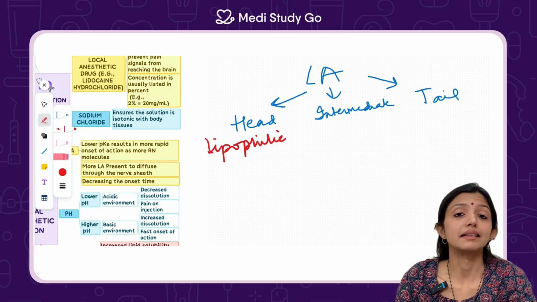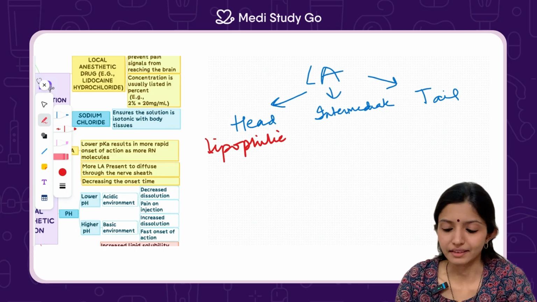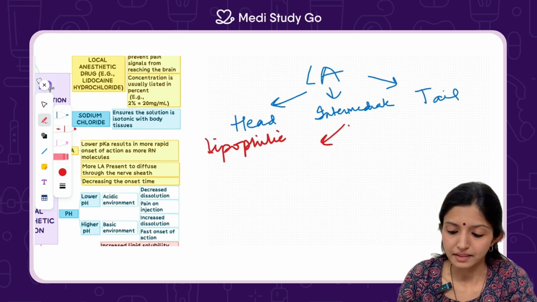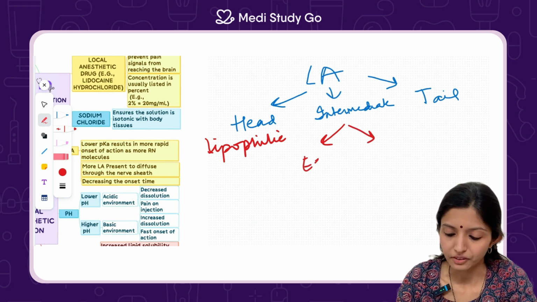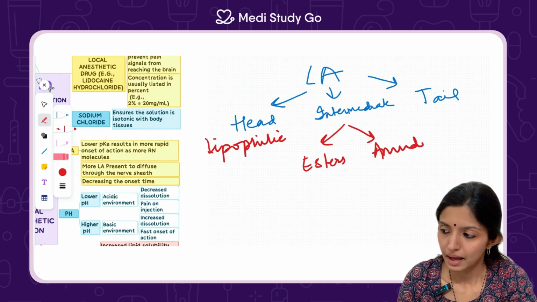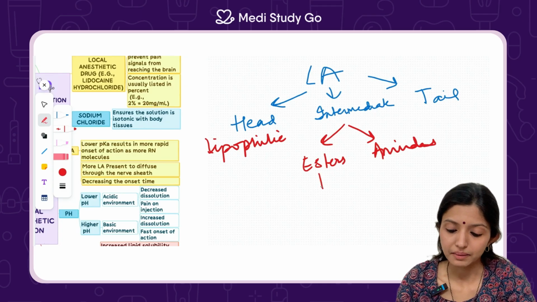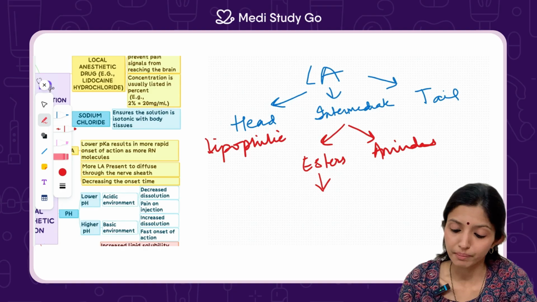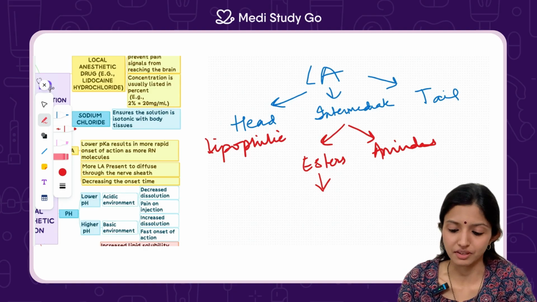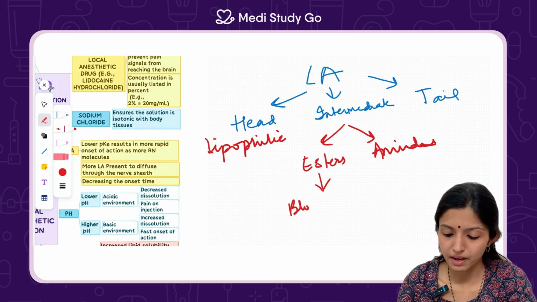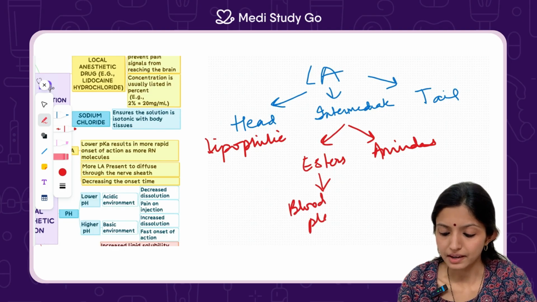Intermediate part is the basic drug categorization, which means it is either formed by your esters or amides. So, esters or amides are mainly classified such based on their decomposition. Esters are metabolized by your blood plasma and amides are metabolized by the liver.